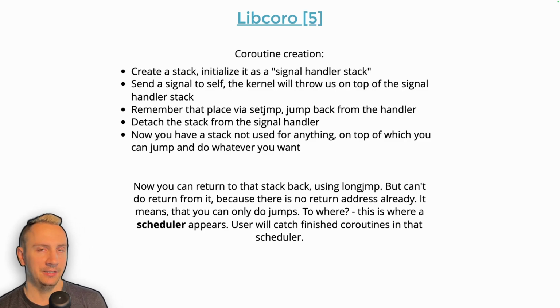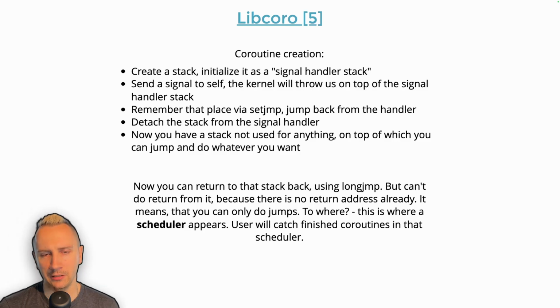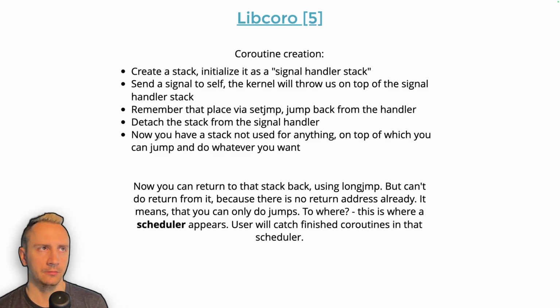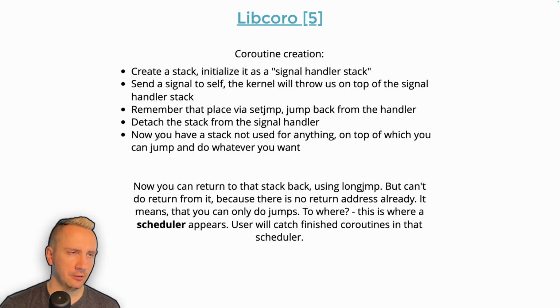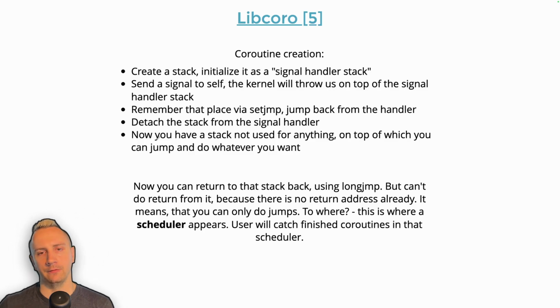Then we can send a signal to ourselves, and this will make the kernel bring us to the top of our custom stack. And then we can remember this position with setjmp, and then we can jump back into the code which created this coroutine. Then what we have is a coroutine stack saved in some sort of struct, coro or whatever, and we have a jump buf which is pointing to the top of that stack.